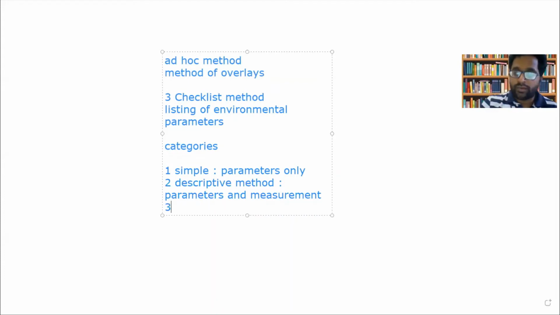Third method is known as scaling. What do you mean by scaling? Scaling method means depending on the importance, or depending on the magnitude or how severe it is, you have a scale with you.